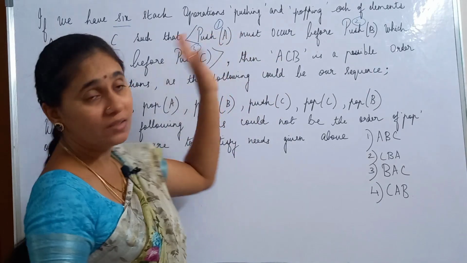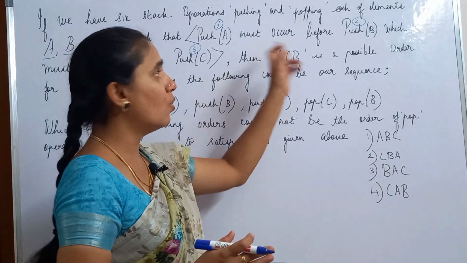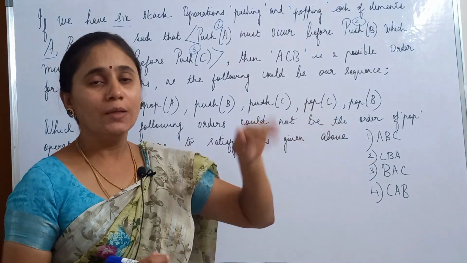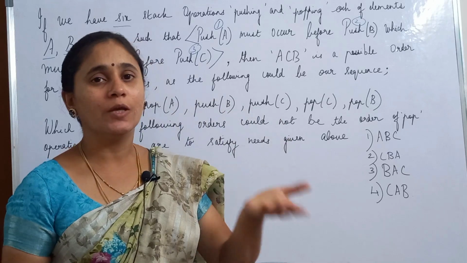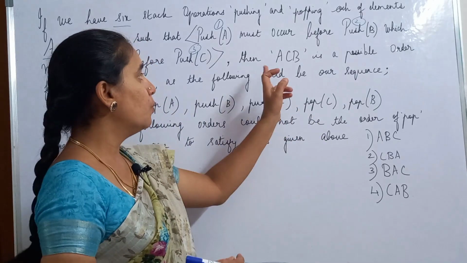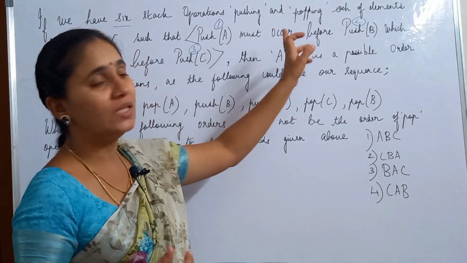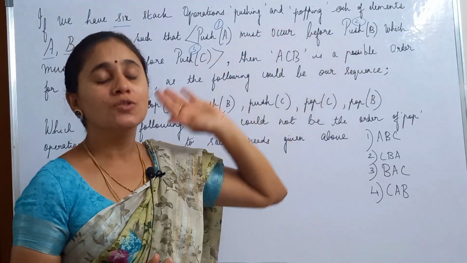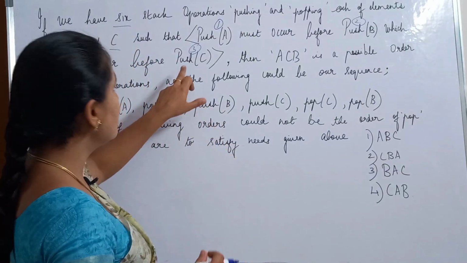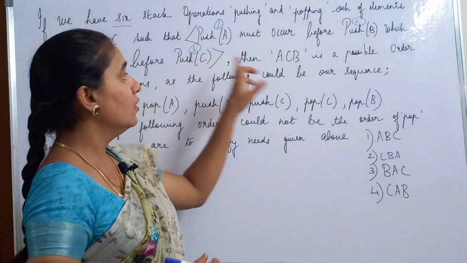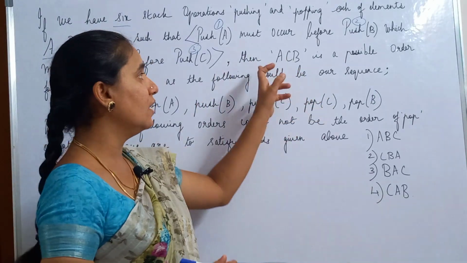The elements can be pushed at any time, but this order should not be changed. In between we can push the elements, or after pushing one or two elements we can pop an element. So the pop order may change, but the push or insertion order of the elements should be constant. Suppose I use this order, I get the popped order as ACB.